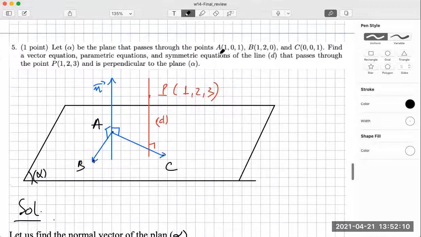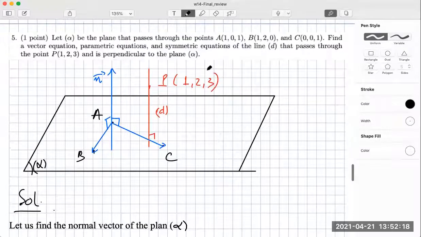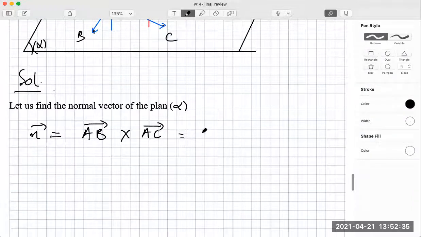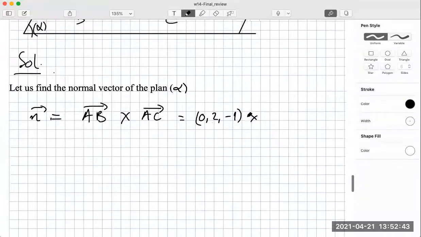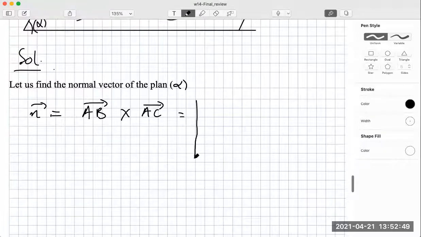What is the vector AB? The difference of B minus A, right? So AB will be B minus A, which is 0, 2, -1. Very good. Let us write them in this form, right?